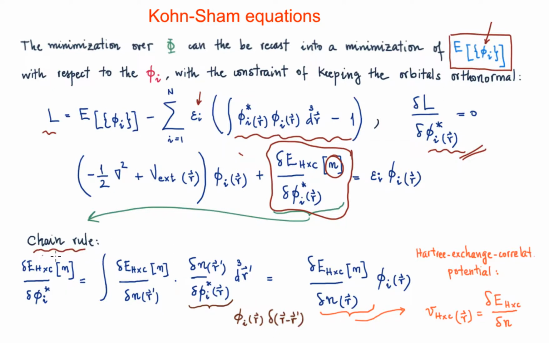And when doing the chain rule in the functional derivative, we have to do it in the following way. We are going to do the chain rule with respect to the density.